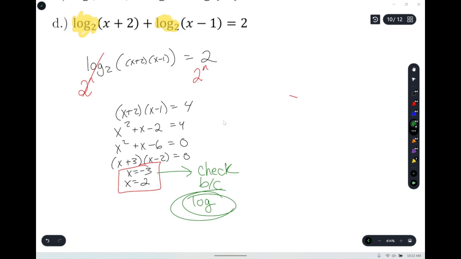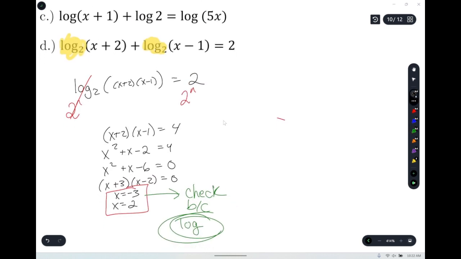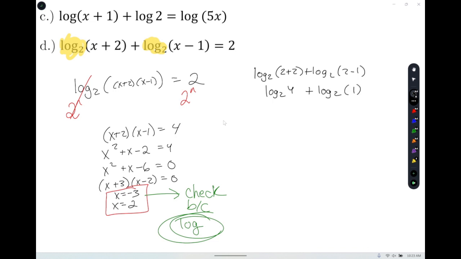Thank you. So let's hop back up to the very start and plug in our answers and see what we get. Log 2 of 2 plus 2 plus log 2 of 2 minus 1. It's kind of like log 2 of 4 plus log 2 of 1, which would be 2 plus 0. That checks out. 2 worked.